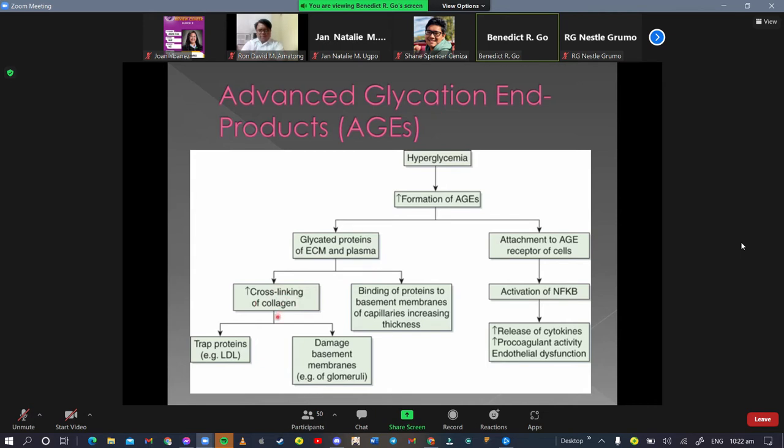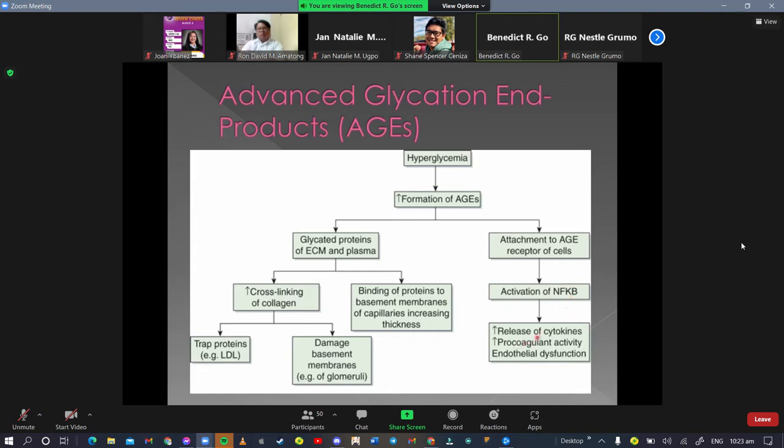We mentioned that earlier, and they trap LDLs, therefore leading to your atherogenesis. They also damage basement membranes in your kidneys, and they also cause basement membrane capillary thickening, therefore affecting the filtration function of your kidneys. They also activate your NF-κB.